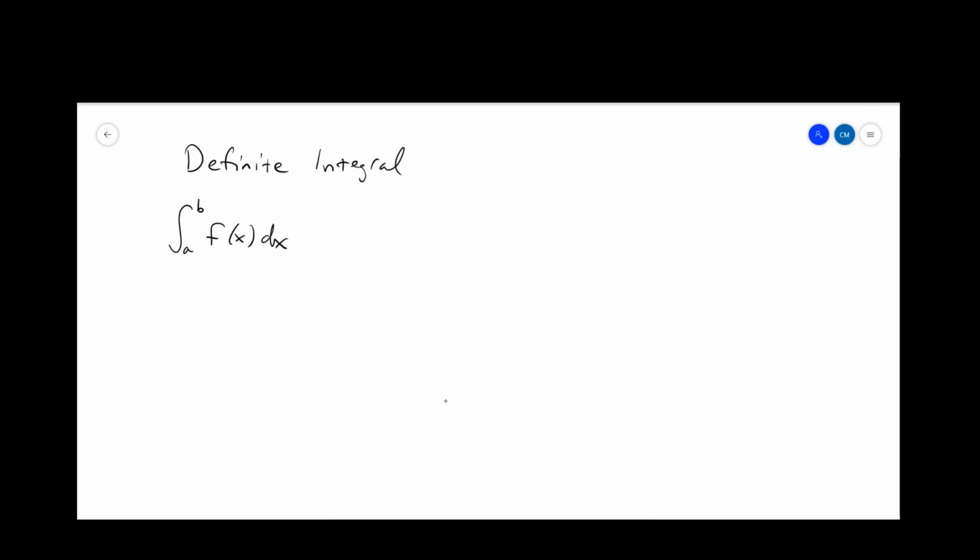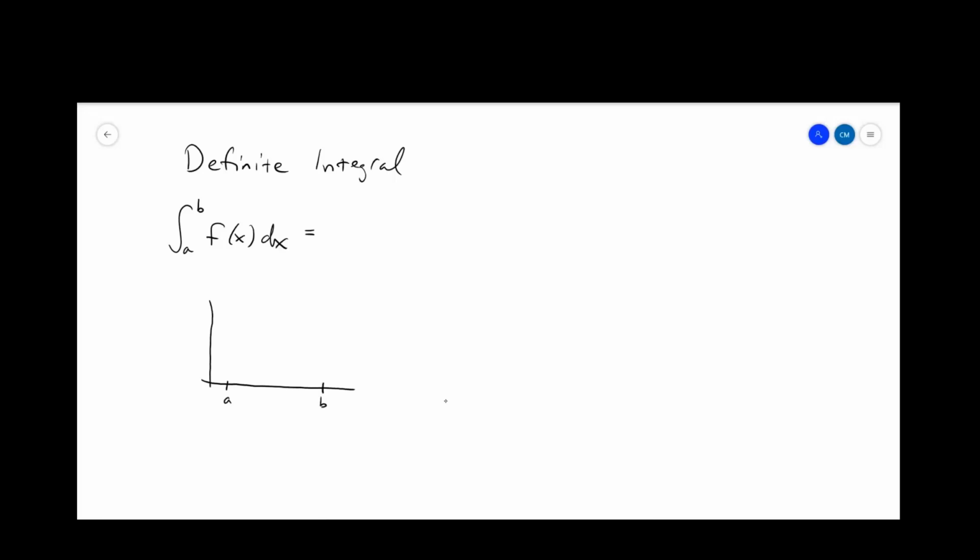What does the definite integral tell us? Yeah, exactly, the area under the curve. So just to remind everybody, area under the curve between two x values.